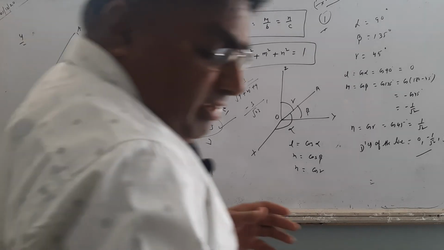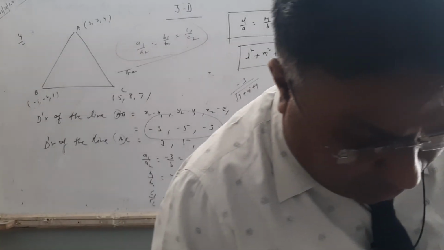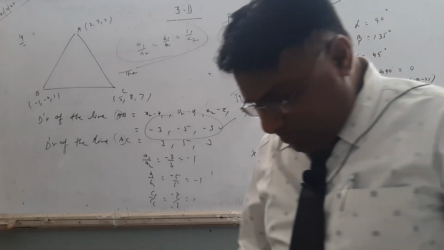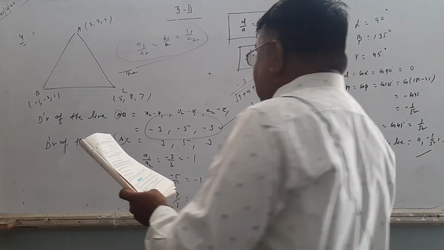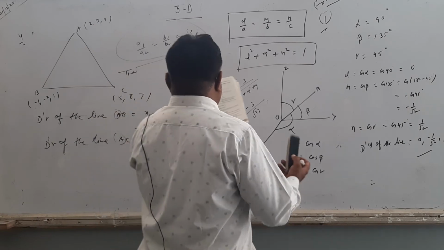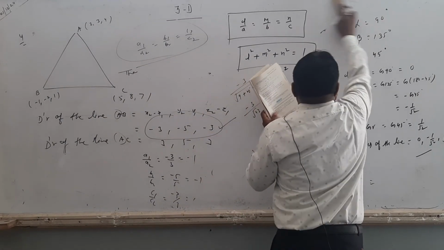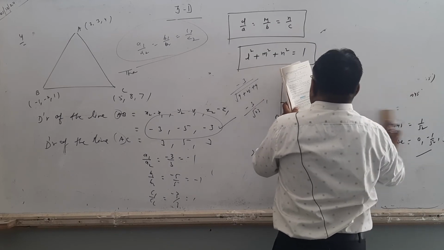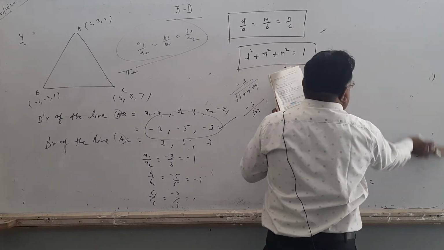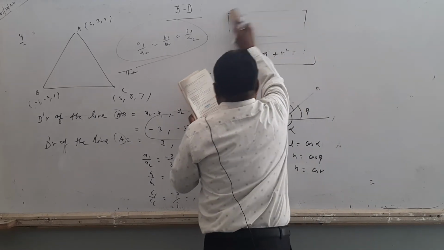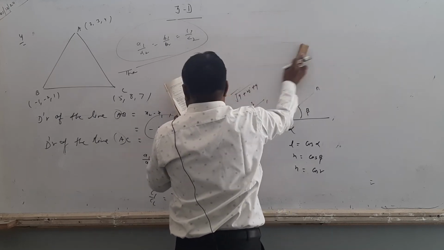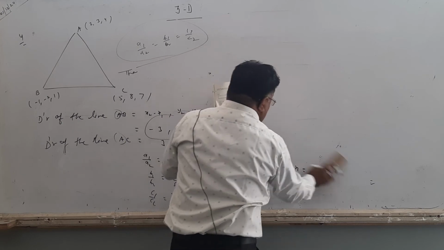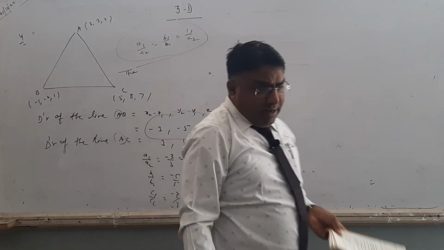And this exercise is question number 2nd. Now this question is in 10.2 miscellaneous of chapter 10 and exercise 11.1: find the direction cosine of a line which makes equal angles with the coordinate axes.